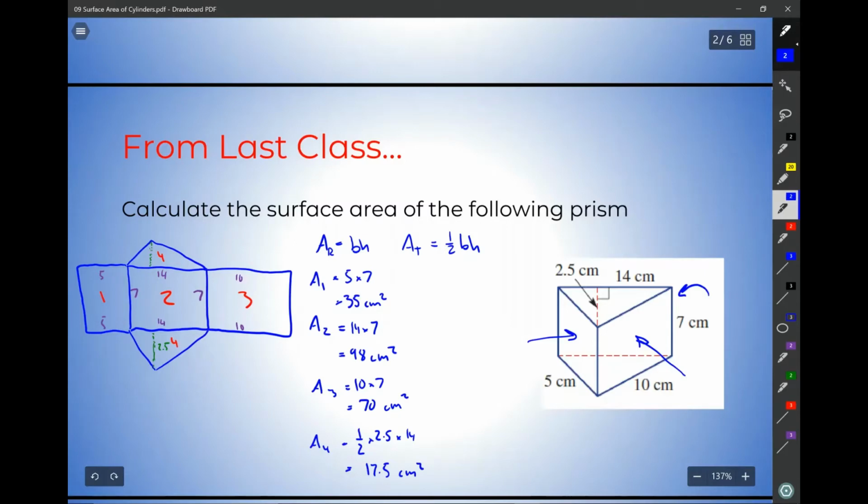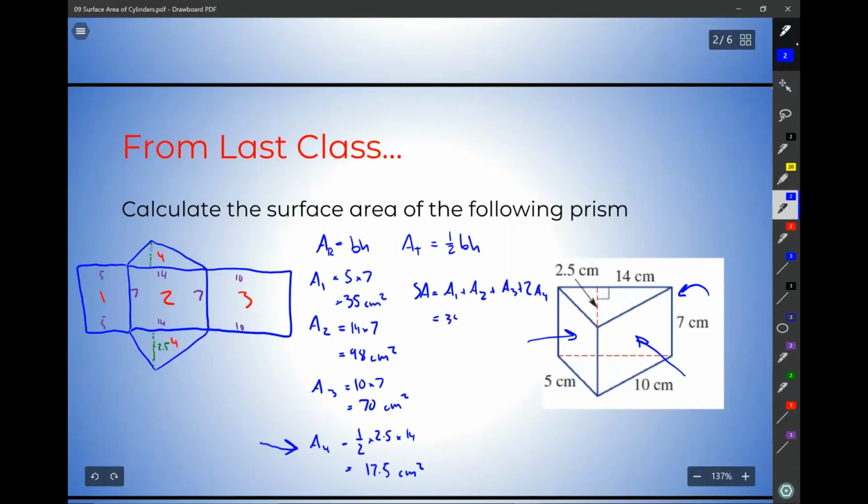We just need to remember that when we come to add all our areas up, this one needs to be included twice. So surface area is going to equal A1 plus A2 plus A3 plus 2A4.